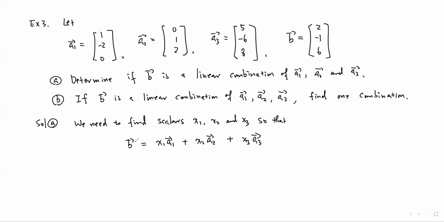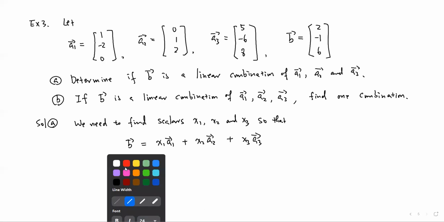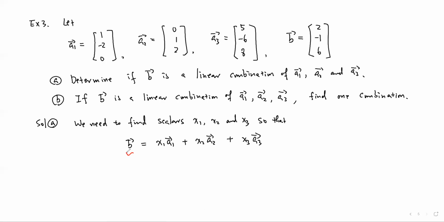Yeah, this equation is a vector equation. A vector equation actually is a linear system. How to see that a vector equation is a linear system? Write down the vector equation in detail.